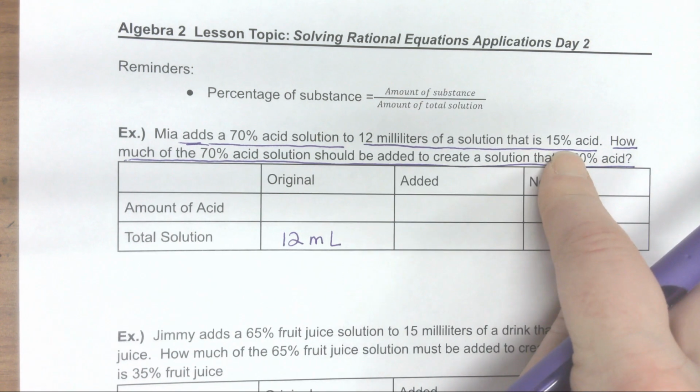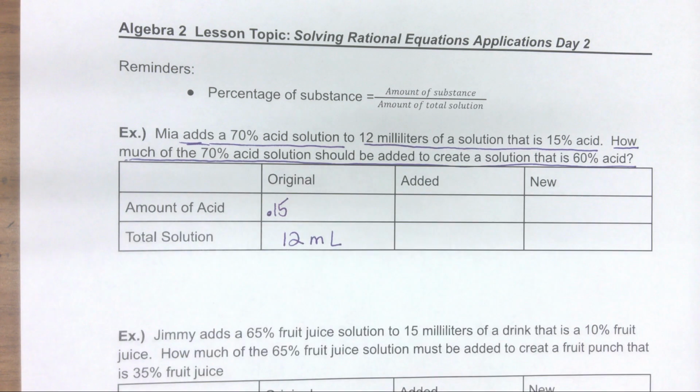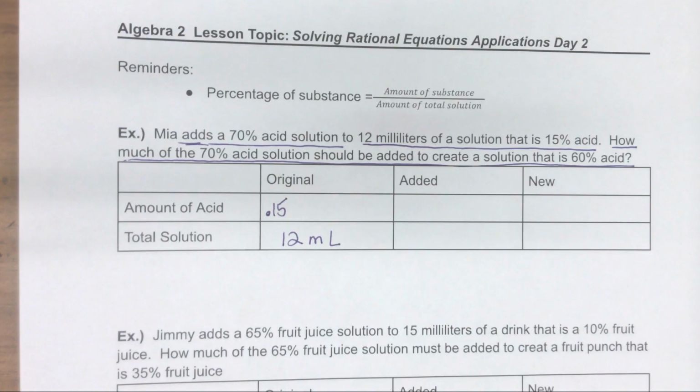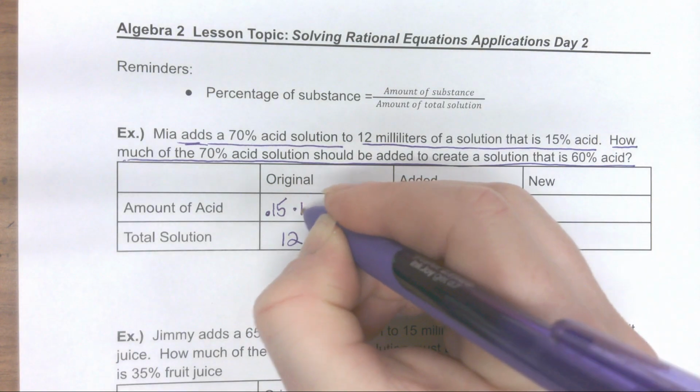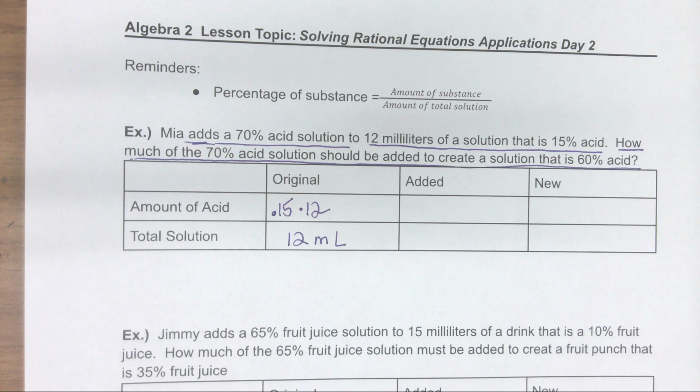So if I wanted to know the amount of acid, I could take 15%. We all agree, hopefully, that 15% is 0.15. And I could multiply it by 12. Okay. Can you tell me what that is? Good.